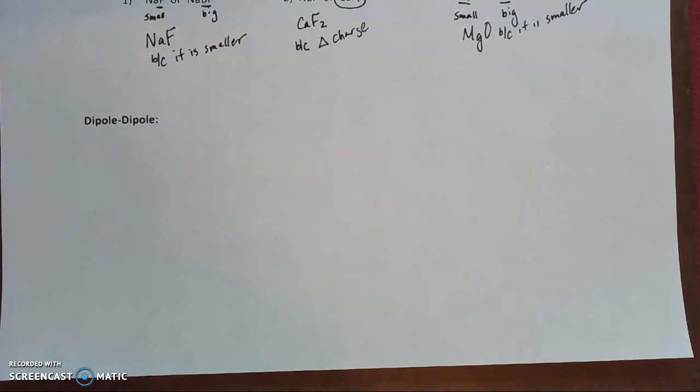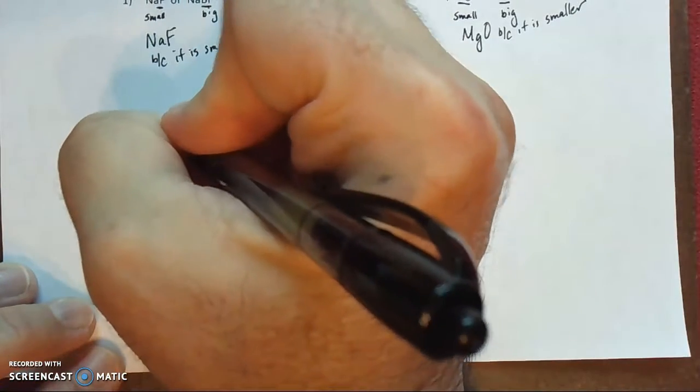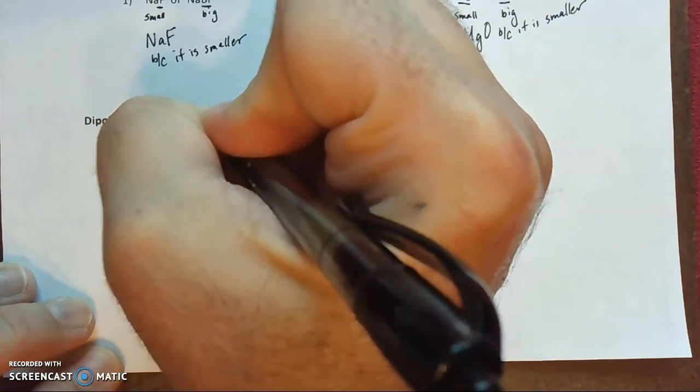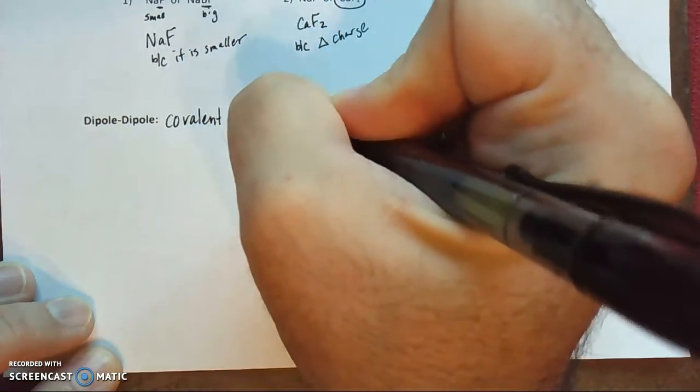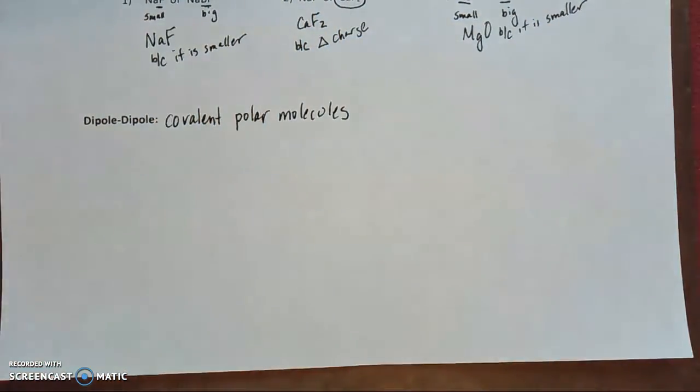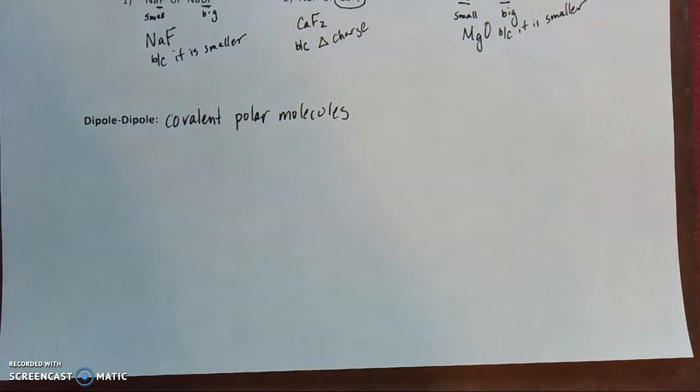There is a distinction between covalent, polar and nonpolar. Dipole-dipole forces are going to be on covalent polar molecules. So we have to talk about how to tell the difference between a polar and nonpolar molecule.